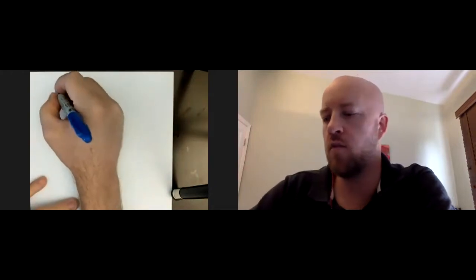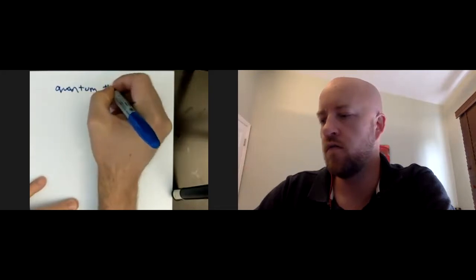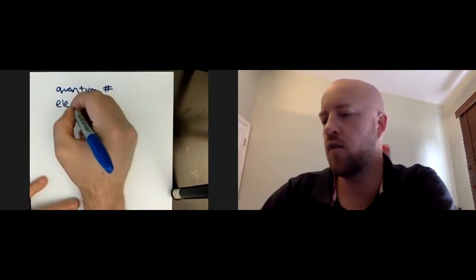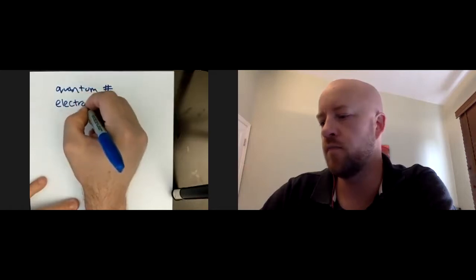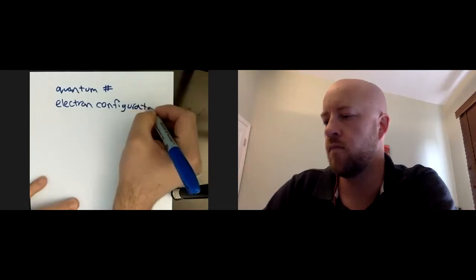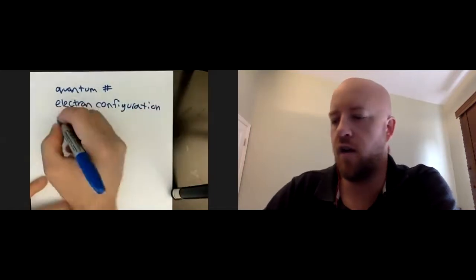So usually in general chemistry, quantum mechanics, there are generally three different kinds of problems that we look at. First one being quantum numbers. Okay, we have quantum numbers, we have electron configuration, and energy diagrams.